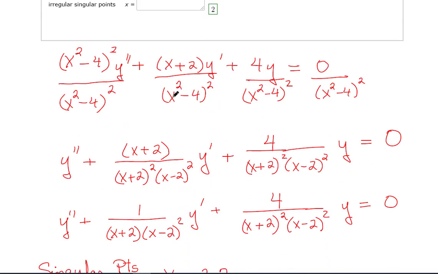Well, first off, x squared minus 4 factors into x plus 2, x minus 2, and it's squared. So I've got x plus 2 quantity squared, x minus 2 quantity squared, all the way through. So let's see what happens. Well, in the first case, the x plus 2, one of them cancels. In the second term, my q of x, nothing cancels.